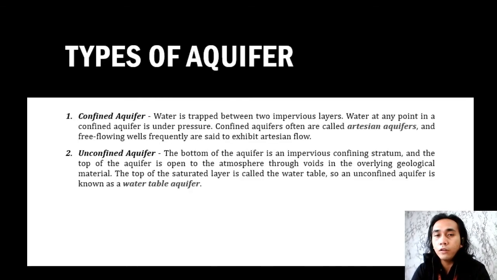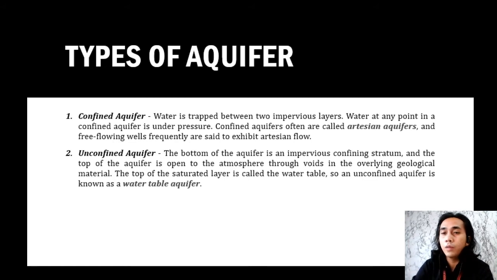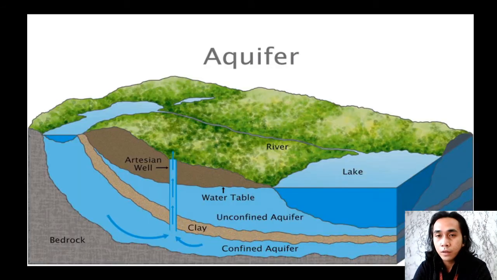So next is unconfined aquifer. So the bottom of the aquifer is an impervious confining stratum, and the top of the aquifer is open to the atmosphere through voids in the underlying geological material. So the top of saturated layer is called the water table. So an unconfined aquifer is known as water table aquifer. So balikan dere.